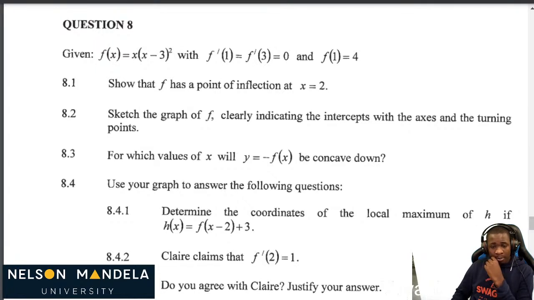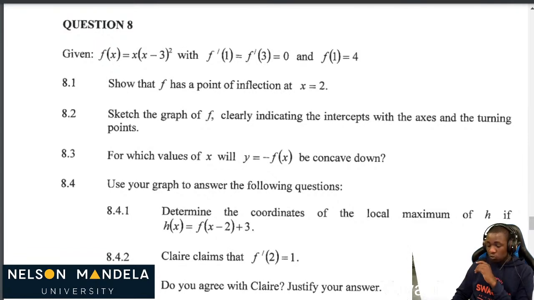Let's do number 8.3. On 8.3, they're asking: for which values of x will y equal to negative f of x be concaving down? Okay, do you see something? Our graph has been reflected along the x-axis.